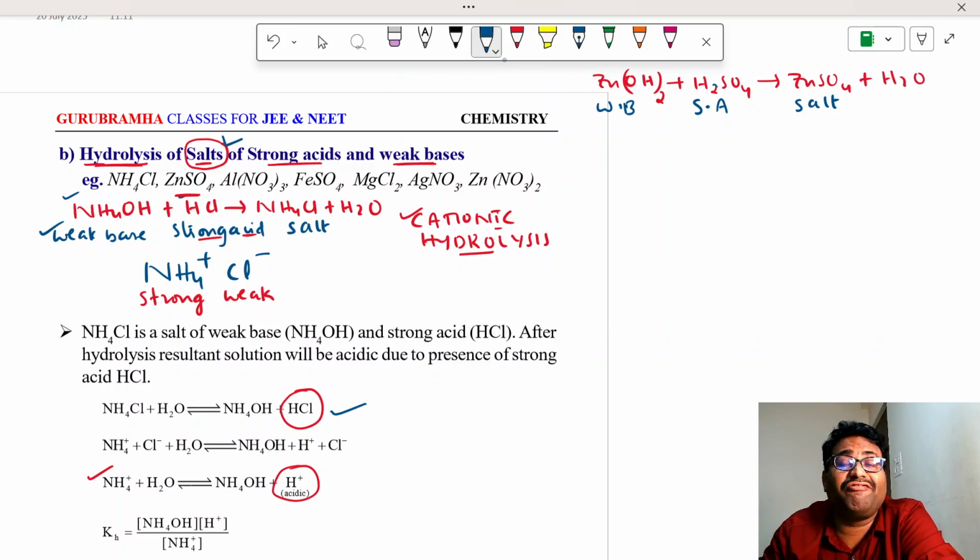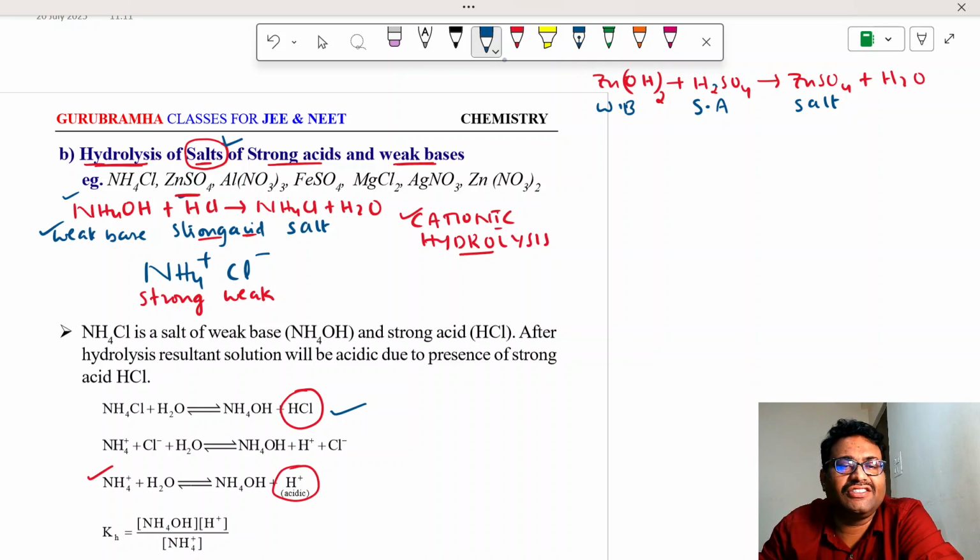So a simple way of remembering is to see whether acid is stronger or whether base is stronger. If acid is stronger, the solution will be acidic. If base is stronger among these two, the solution will be basic.